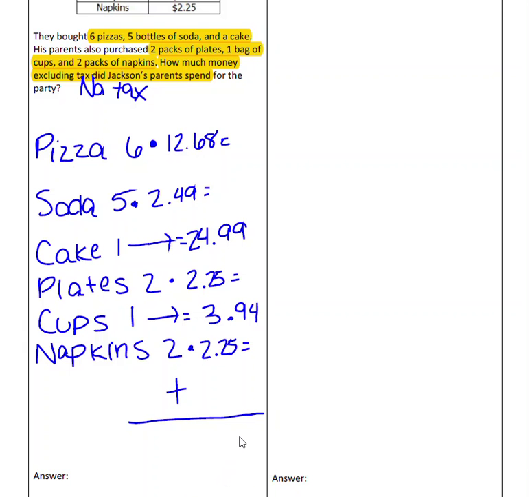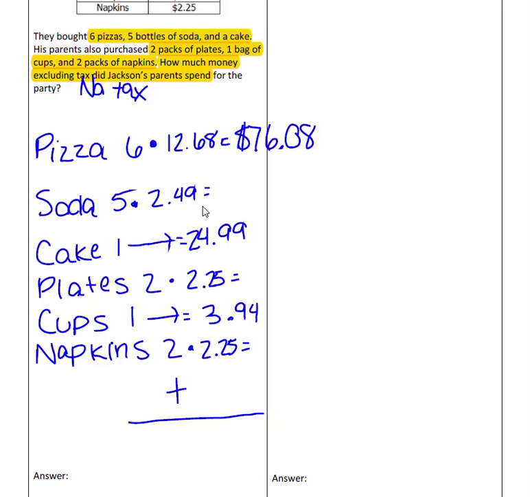So now I'm going to go to my calculator. I'm going to say 6 times 12.68. So the pizza is going to cost me $76.08. Soda, I'm going to do 5 times 2.49.